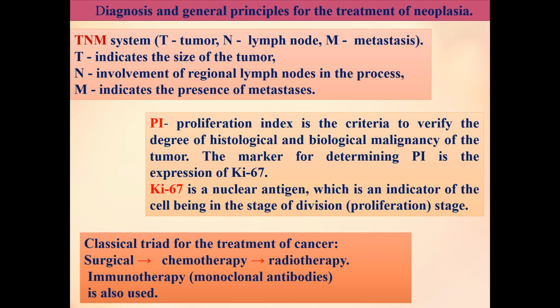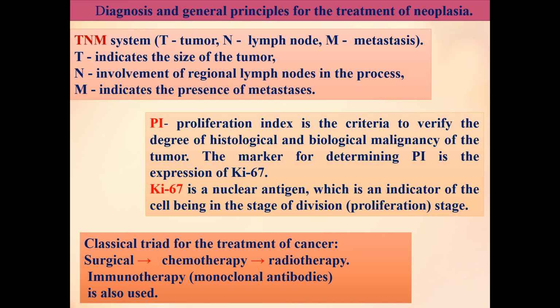And for this, the criteria of the TNM system are used. T means tumor, N means lymph node, and M the metastasis. T indicates the size of the tumor, N the regional lymph nodes involved in the process, and M indicates the presence of metastasis.